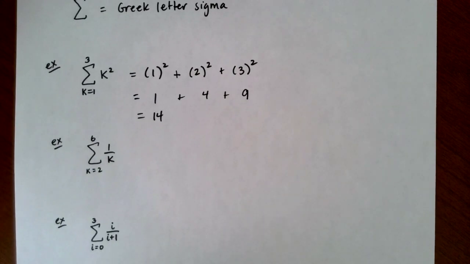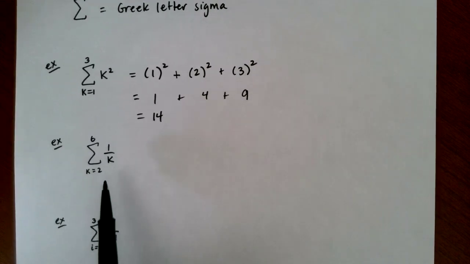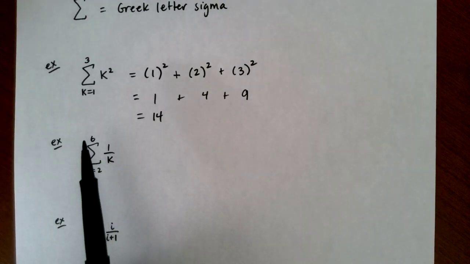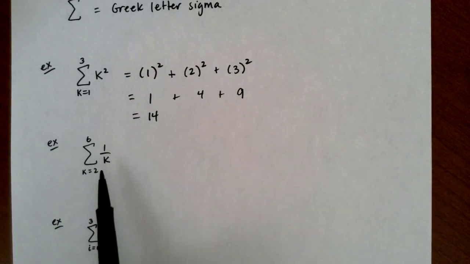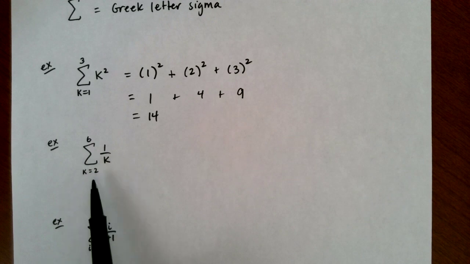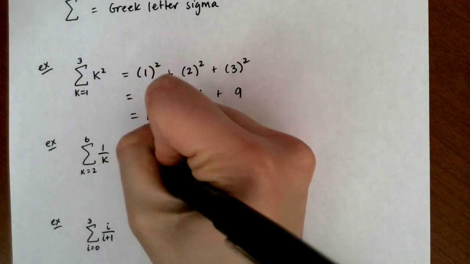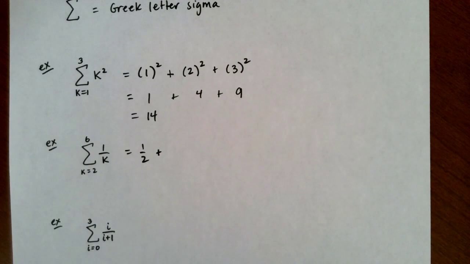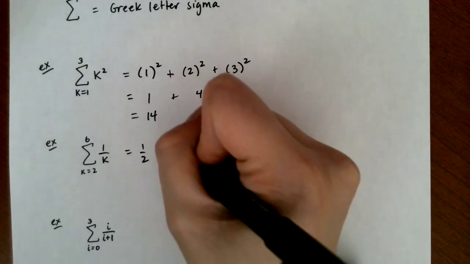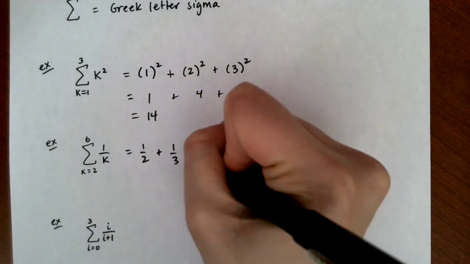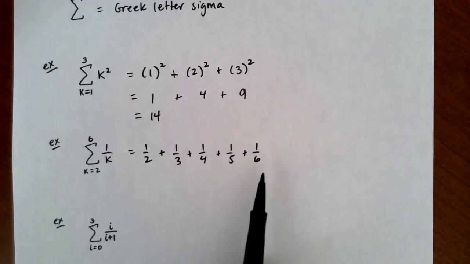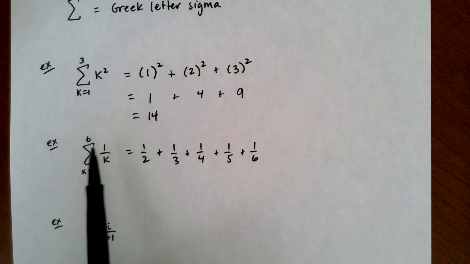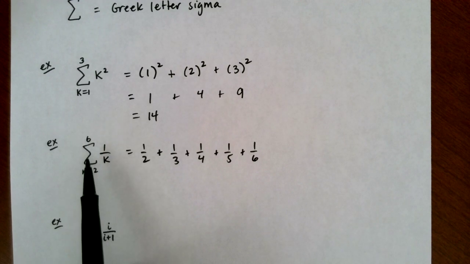Let's try the next one. So this is the sum of 1 over k as k goes from 2 to 6. So I'm going to take the 1 over k formula and plug in this first number, k equals 2. So that gives me 1/2. Addition between the terms, I'll go to 1/3, then a 4th, then a 5th, then a 6th, and I stop at 1 over 6 because 6 is the upper number here.